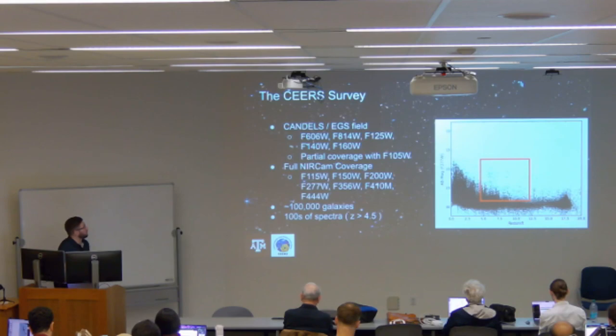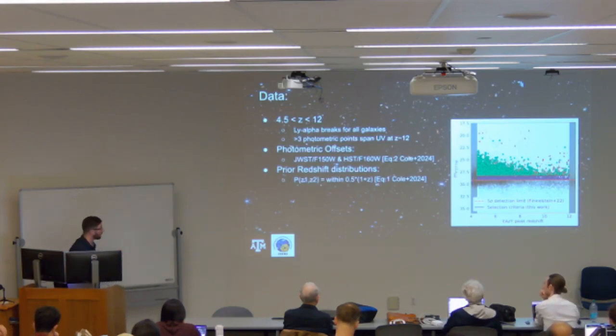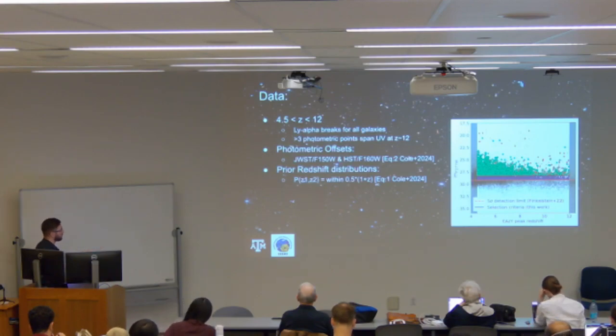But the regime that we really want to focus on here is this redshift 4.5 to 12 regime. And this is really nice because not only do we have Lyman breaks for all galaxies past redshift 4.5, we also have more than 3 photometric points that span the UV at all redshifts, so we have good markers for longer star formation timescales using the UV.